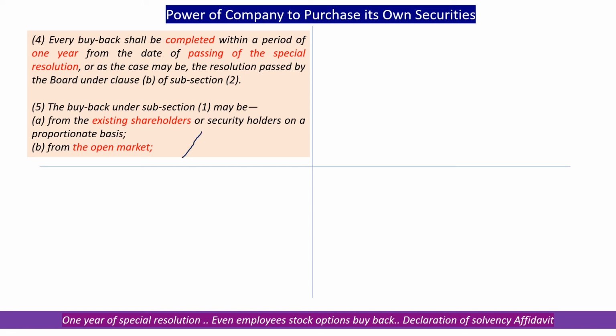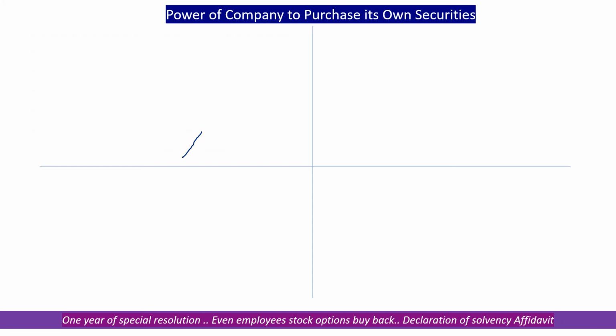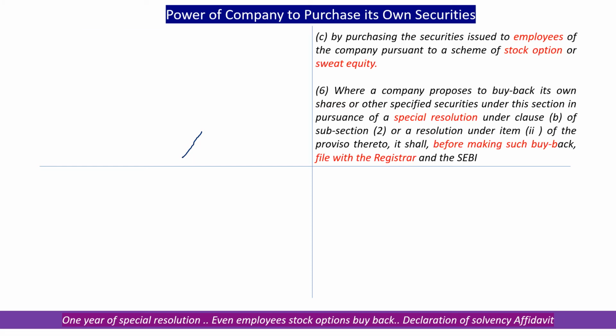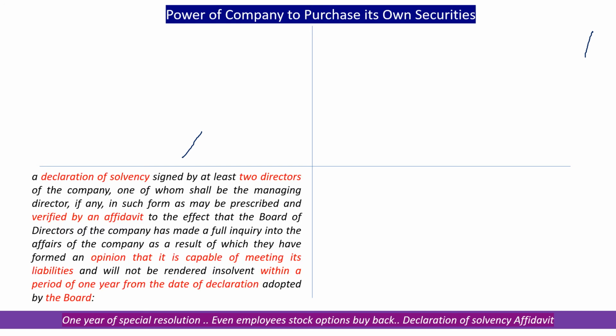The buyback may be from existing shareholders or from the open market. It could also involve shares sold to employees under stock option scheme. And the special resolution has to be filed with the registrar before proceeding with the buyback.